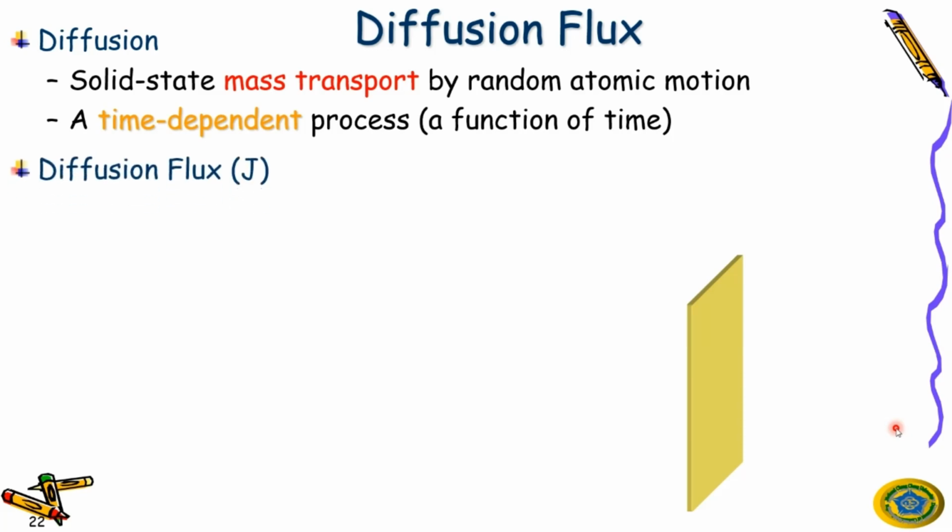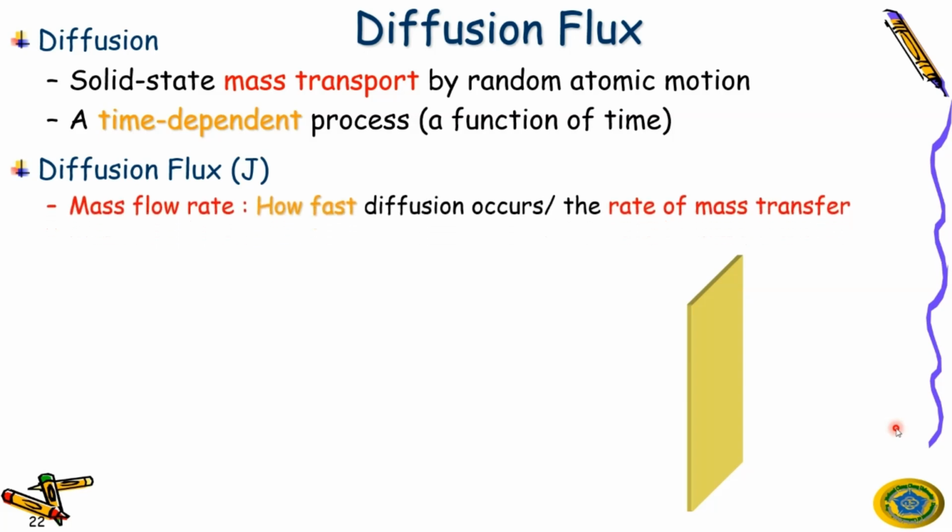So the first term we want to know is called diffusion flux. We use J to represent diffusion flux. So J is mass flow rate. It's rate, how fast diffusion occurs and the rate of the mass transfer. So J is related with time.